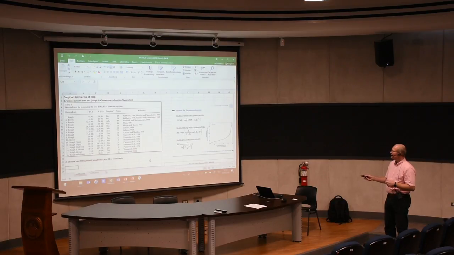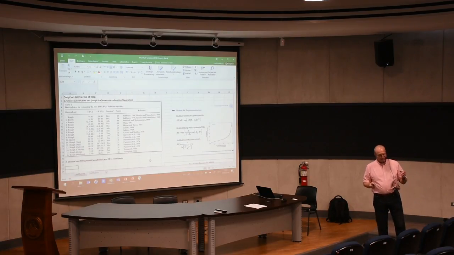And some data have been added later on in 1960. Then they did this for rough rice and for brown rice, so this data set would be good to compare sorption isotherms between rough and brown rice.